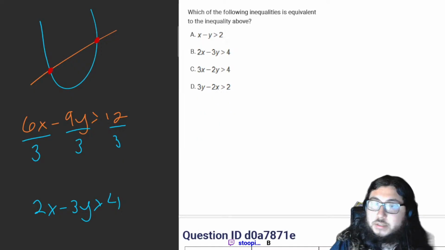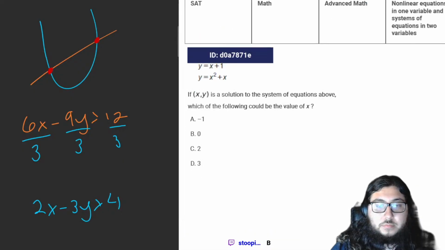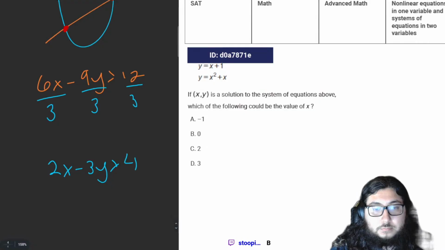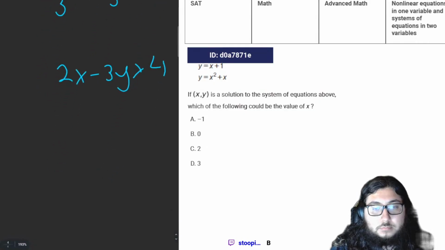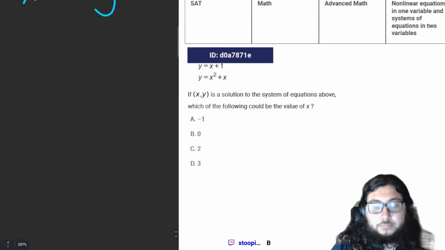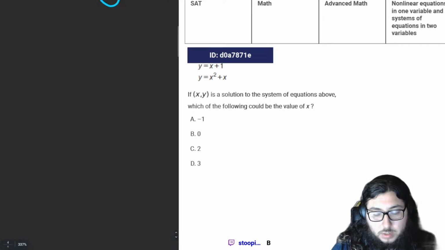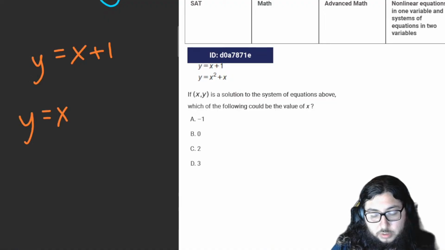Next, let's do this question. If (x, y) is a solution to the system of equations above, which of the following could be the value of x? Well, let's write this. We have y is equal to x plus 1, and y is equal to x squared plus x.